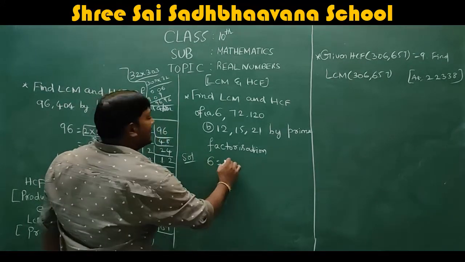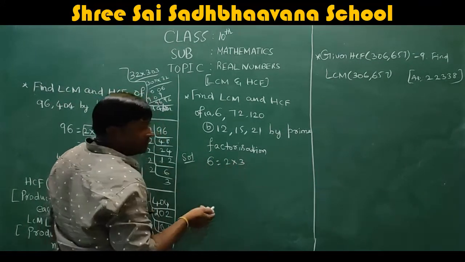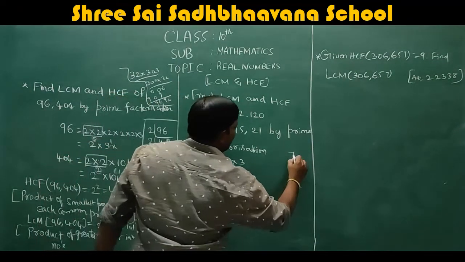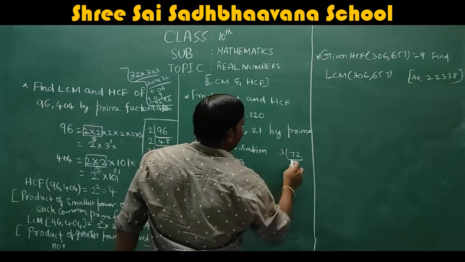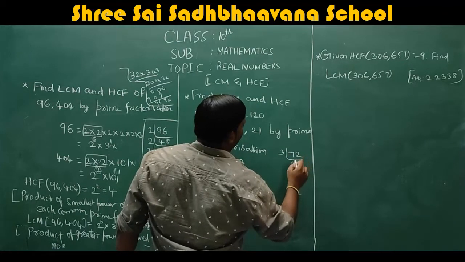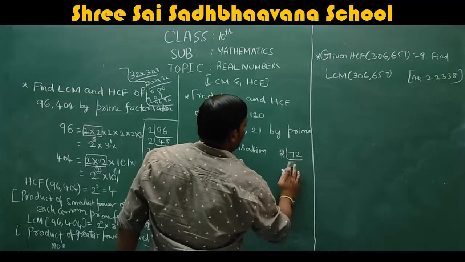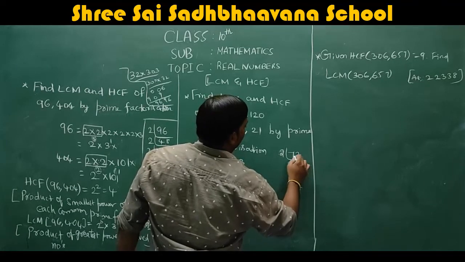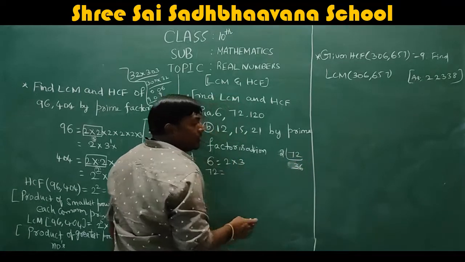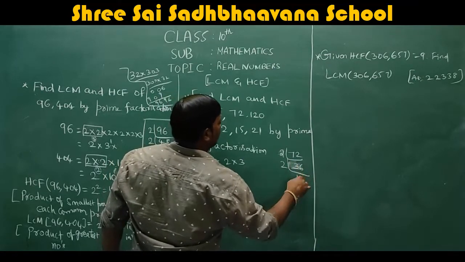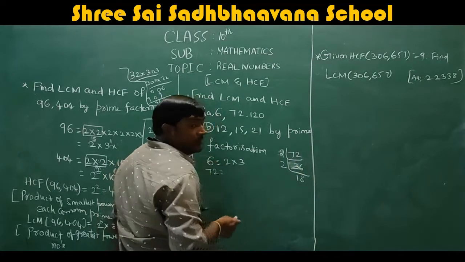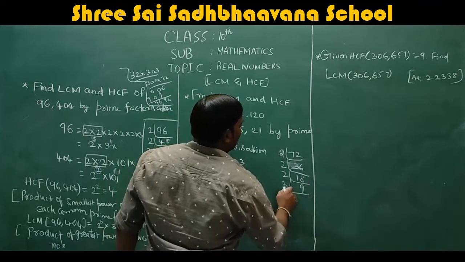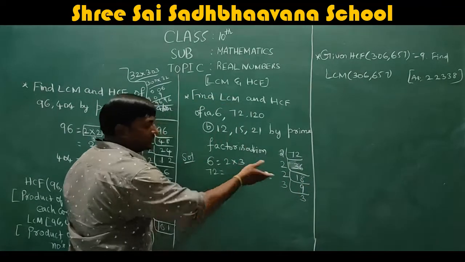6 can be written as 2 into 3. I am not dividing 6, it's very easy, that's the reason I am writing it directly. Then 72. First you divide by 2. 2 3s are 6, 2 6s are 12, 2 8s are 16 and so on, then 2 9s are 18, and 3 3s are 9.